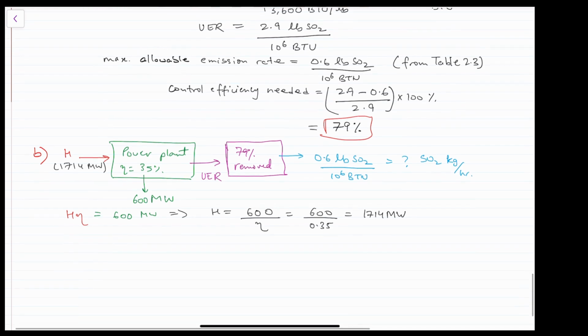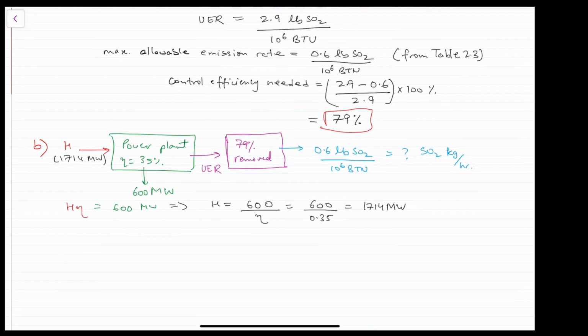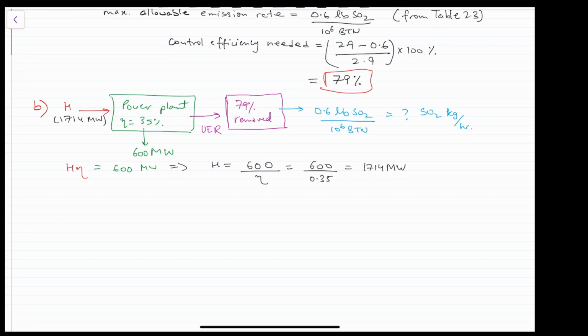Now we should note just a unit conversion here: 1 watt is 3.41 BTUs per hour. So that implies 1 megawatt is 3.41 times 10 to the power 6 BTUs per hour.